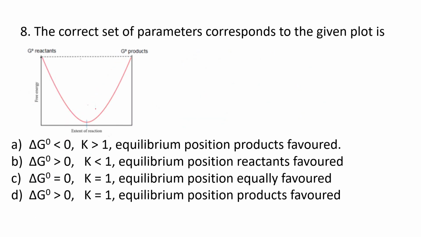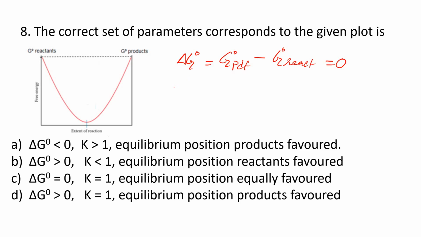Now next one, correct set of parameters. Here you see delta G0 is equal to G0, the standard free energy of the product, minus the standard free energy of the reactant, and here both are the same. So this is equal to 0, right?